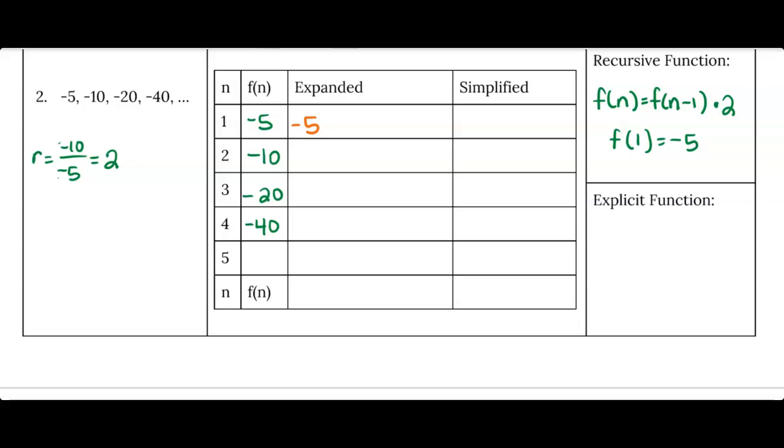Then to get to negative 10, we did negative 5 and multiplied it by 2. To get to negative 20, we did negative 5 times 2, and then we multiplied it by 2. To get to negative 40, we did negative 5 times 2 times 2, and we multiplied that by 2.